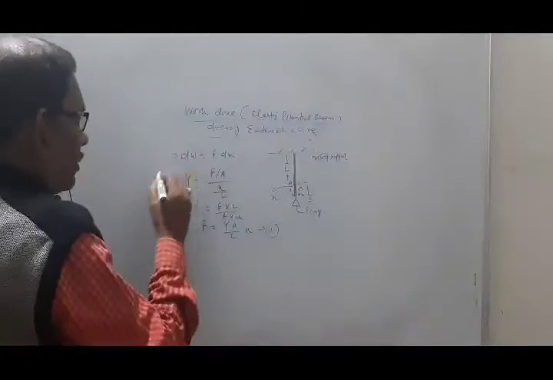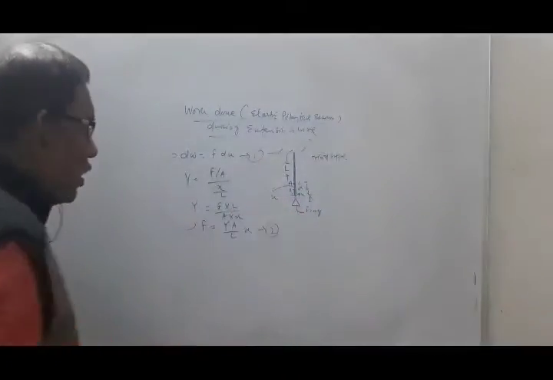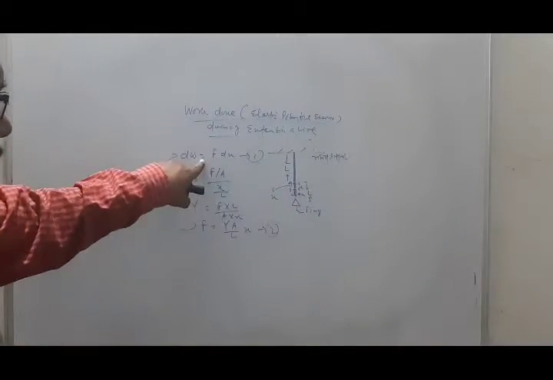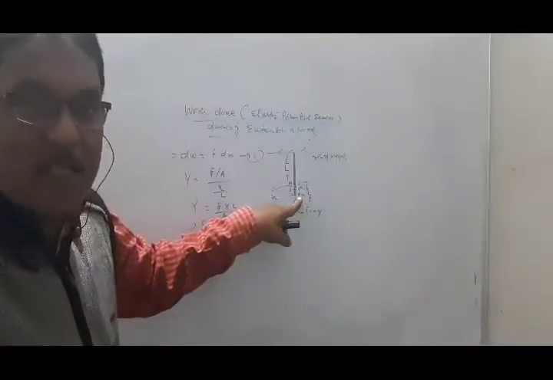Now take equation 2, put the value of F in equation 1 to determine the work done due to the small extension dx, the additional extension.